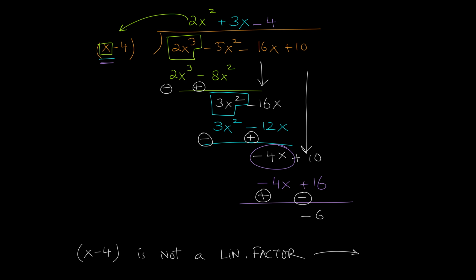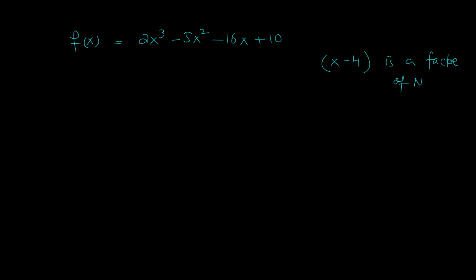The answer is yes. So now let me rewrite this polynomial. f(x) equals 2x cubed minus 5x squared minus 16x plus 10. And I want to check whether x minus 4, a linear expression, is a factor or not.